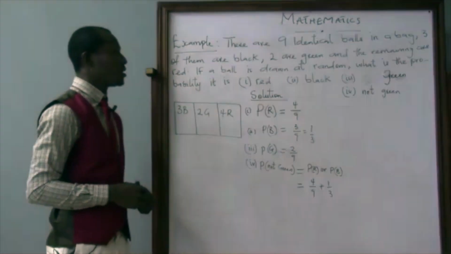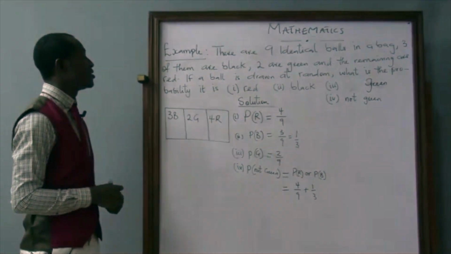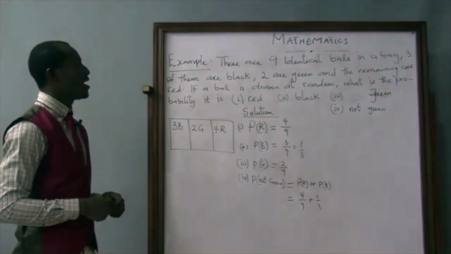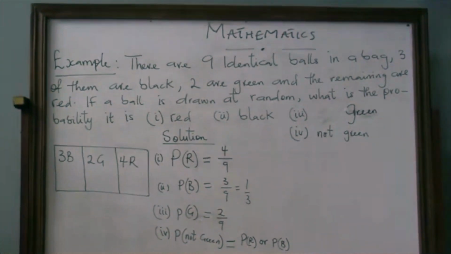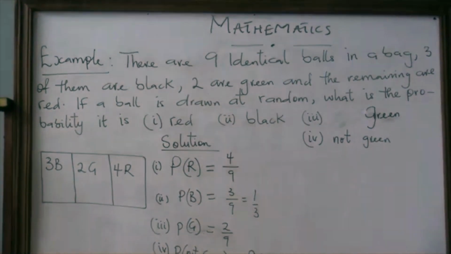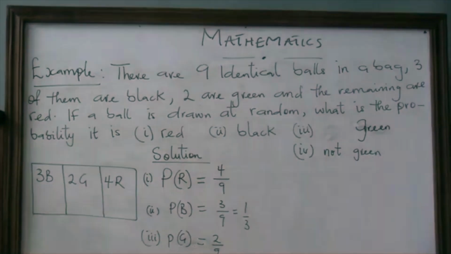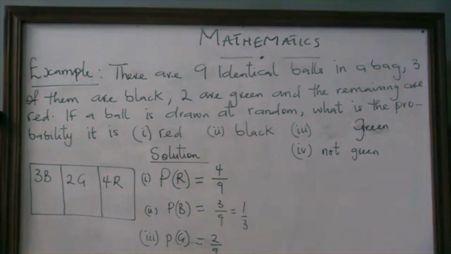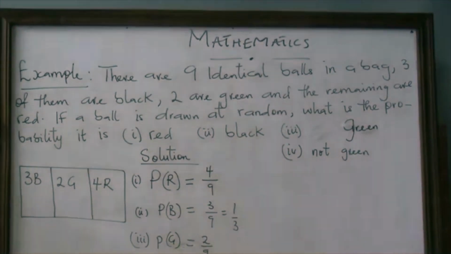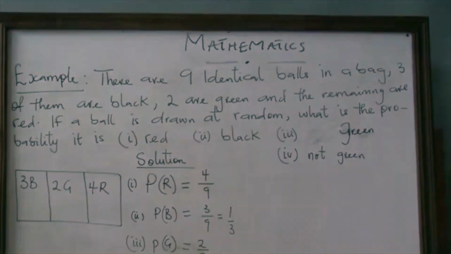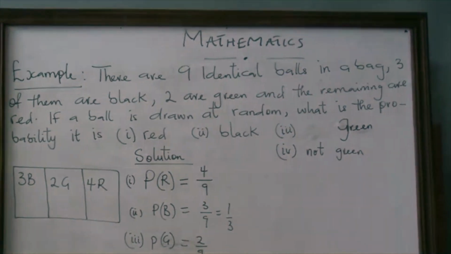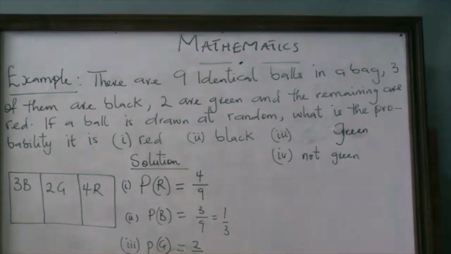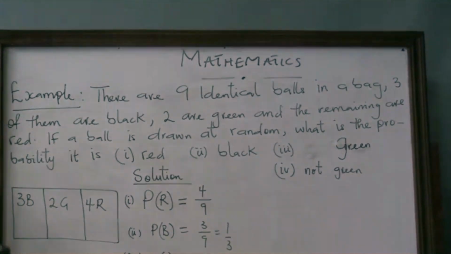We have an example here to deal with. There are 9 identical balls in the bag. 3 of them are black, 2 are green, and the remaining are red. If a ball is drawn at random, what is the probability that it is red?